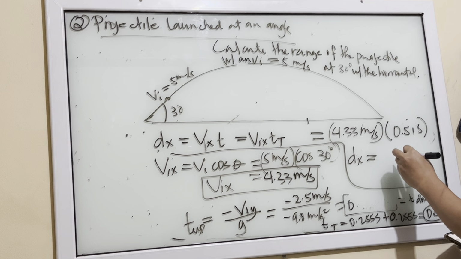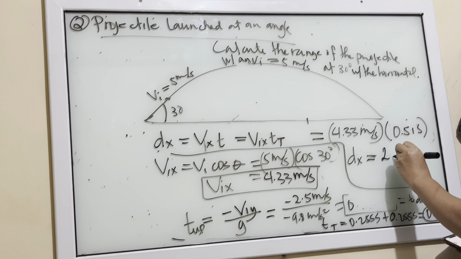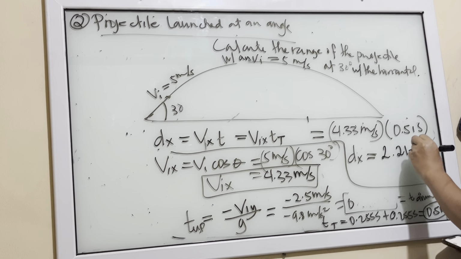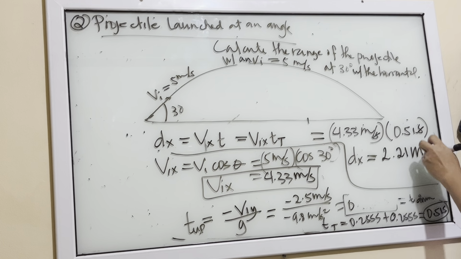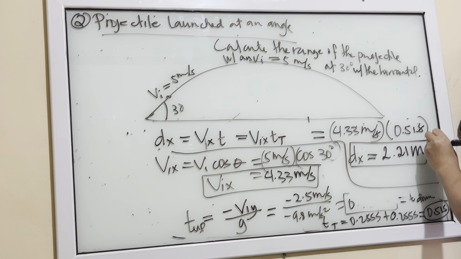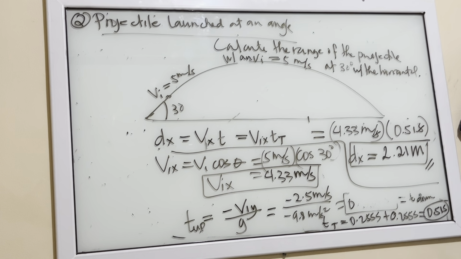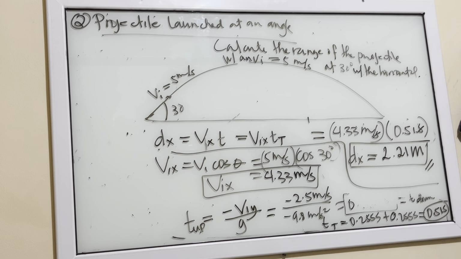So the answer is 2.21 meters. Cancel the second. So the remaining is meter. So this is now your final answer. O, diba? Ang haba. Ganyan po yan.